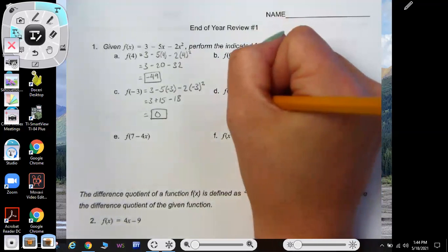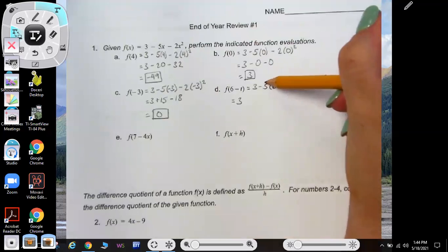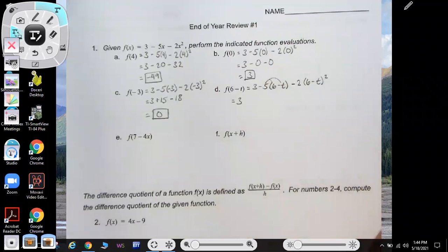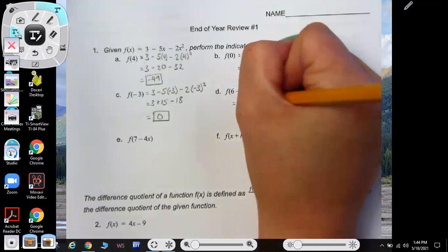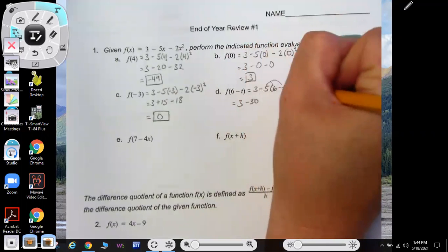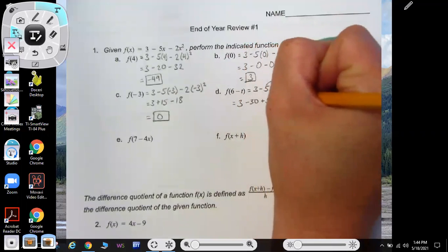Okay, so we get 3. Get rid of this set of parentheses by distributing the negative 5. Negative 5 times 6 is negative 30. Negative 5 times negative t is positive 5t.